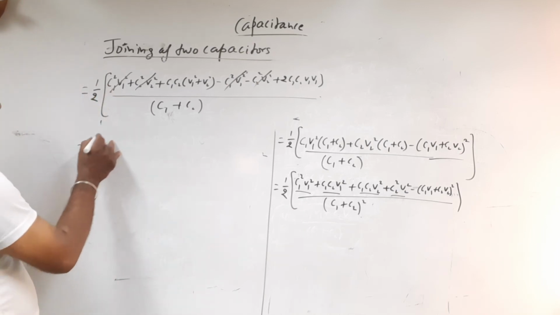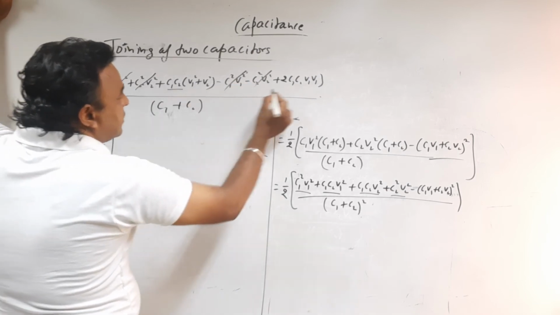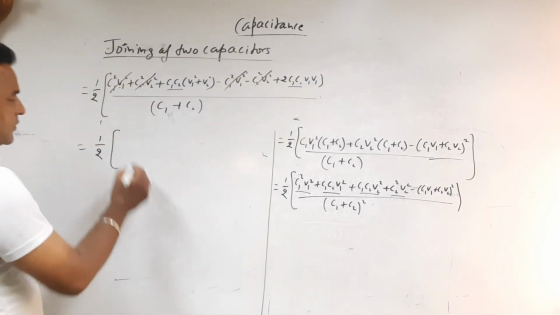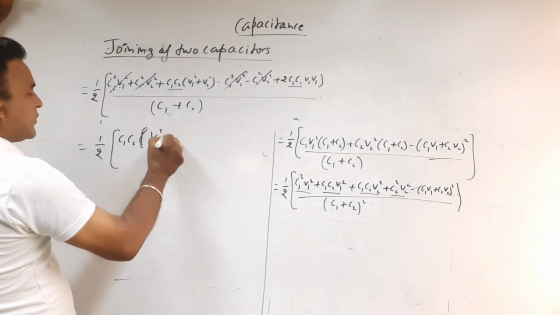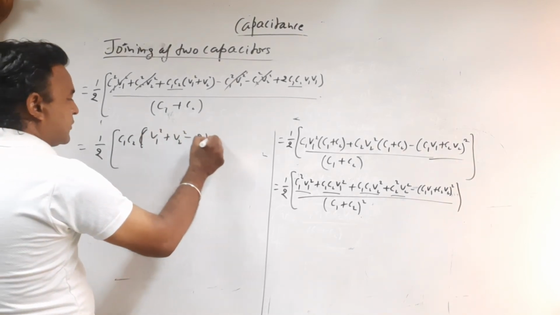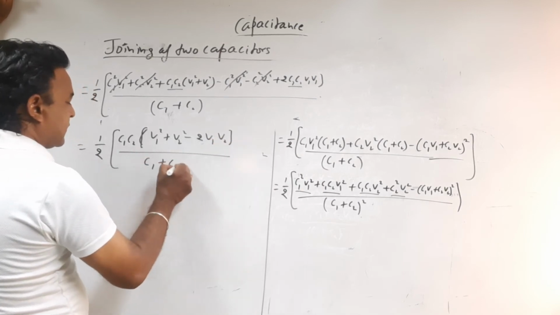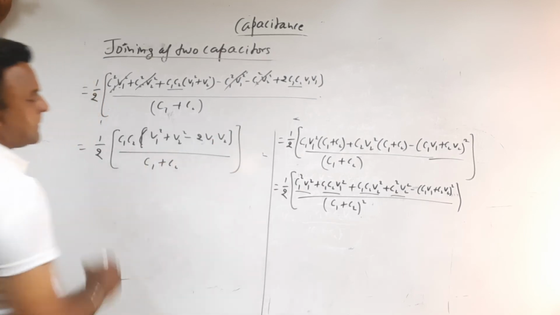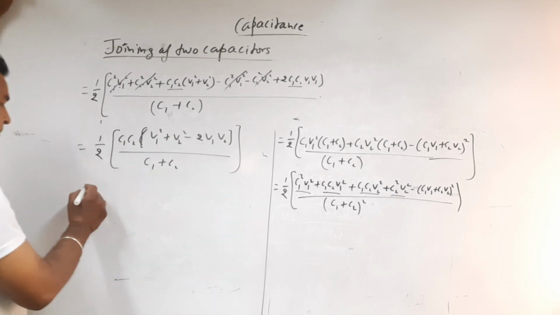What I have now, 1 by 2. Look here, this is cancelled. C1 C2 is common. I have V1 square plus V2 square minus 2 V1 V2 upon C1 plus C2. This is A square plus B square minus 2AB.